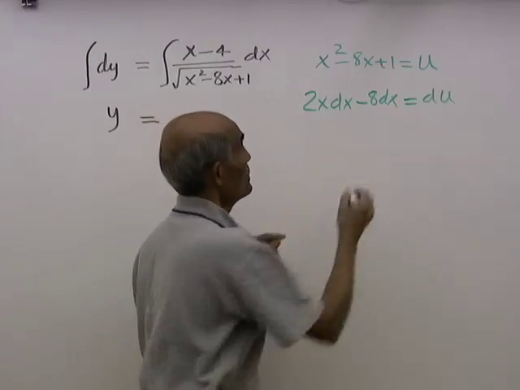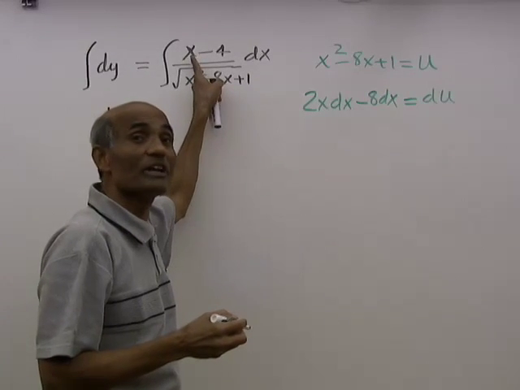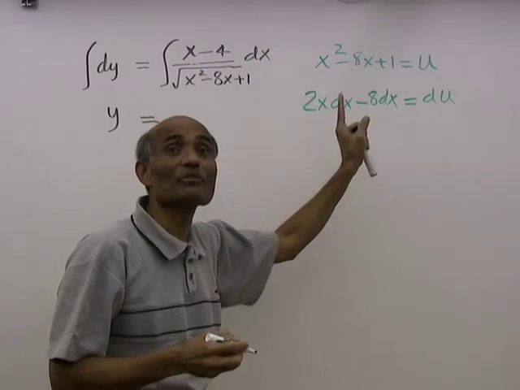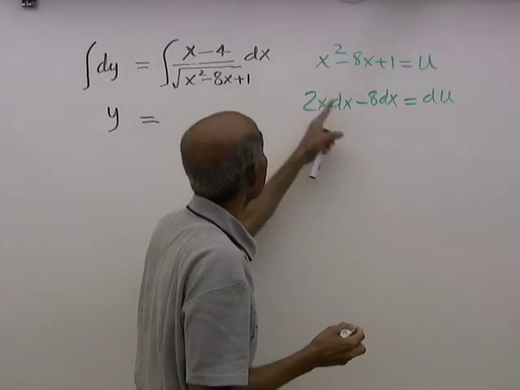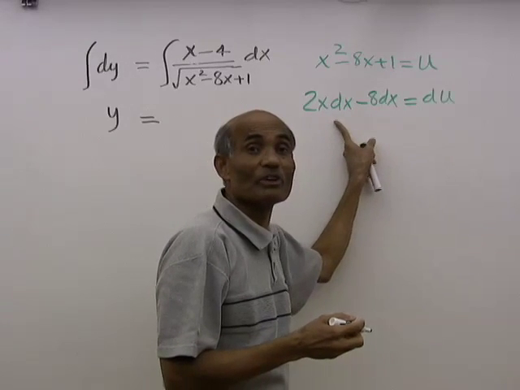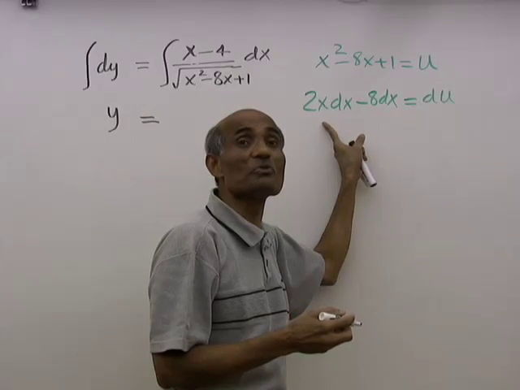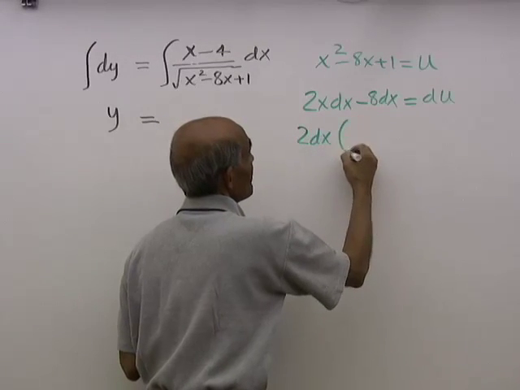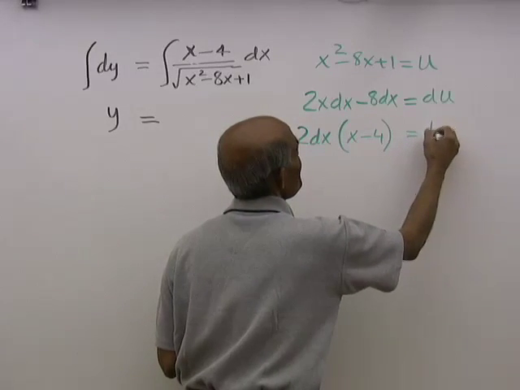Well, when you do this, you keep an eye on here, because we need to replace (x minus 4) dx in terms of u. Now, is it possible to produce (x minus 4) dx from this quantity? Well, yes. All we need to do is factor out the common factors. What's the common factor there? 2 dx is common. So we take out 2 dx. That will be 2 dx times (x minus 4) equal to du.